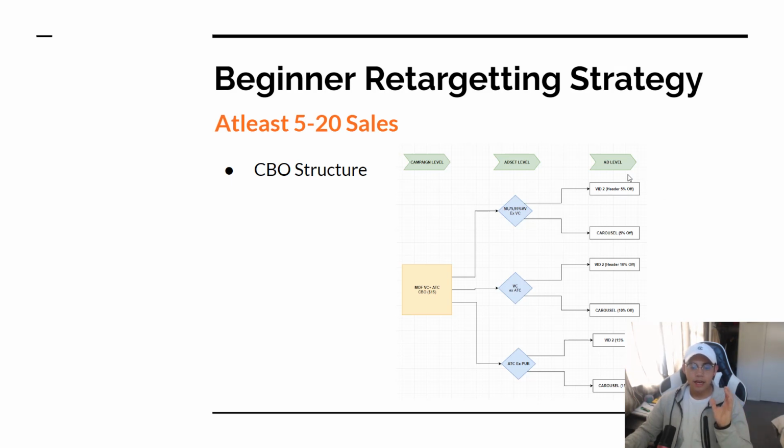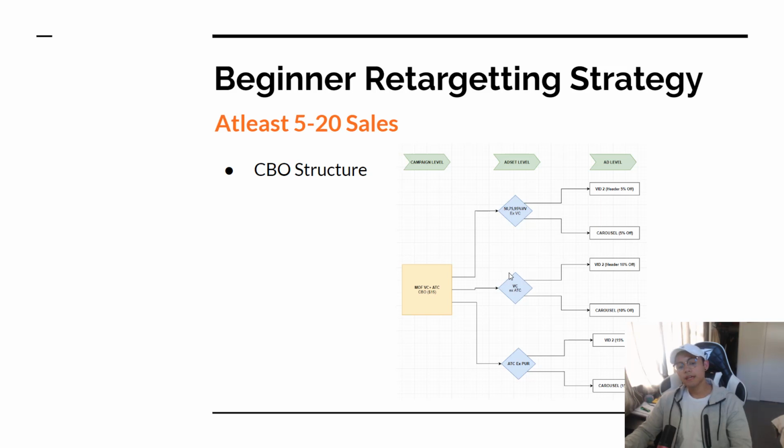So at that ad level, you're going to have a 5% off discount code. You can just say on your ad, use this code to save 5% or free shipping. You want to offer that, and just use the same ad copy, ad description into your carousel. Carousel is basically just multiple images of your product.